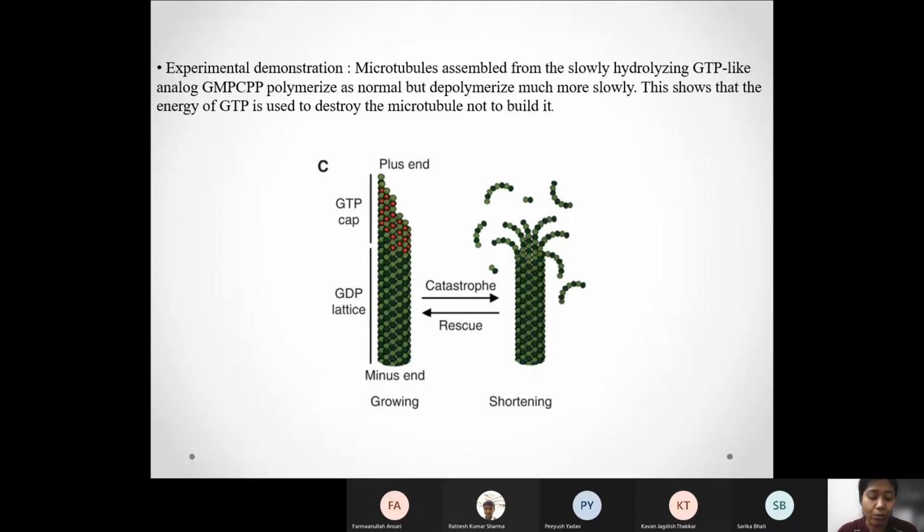And if hydrolysis is indeed required for catastrophe, you will see the catastrophe being delayed, because there is a delay in formation of GDP, and if GDP is indeed required for catastrophe, there is also a delay in catastrophe. So that is what they saw when they used this slowly hydrolyzing analog. It is not a non-hydrolyzable analog of GTP, but a slowly hydrolyzing one.